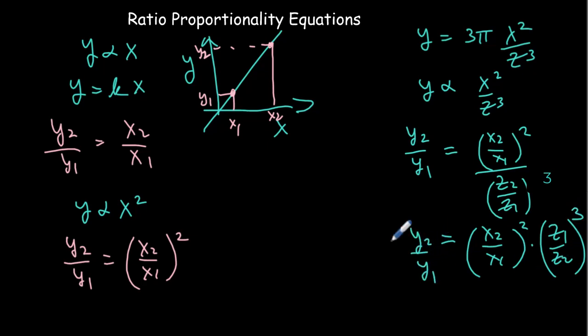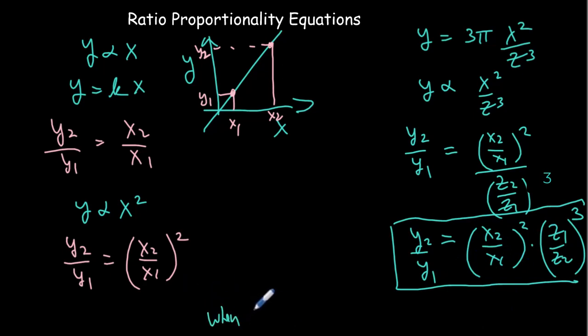So we'd have an equation here relating two different values of y to their corresponding values of x, and in this case, z. So when we denote these 1s and 2s, we're really saying when y equals y1, x is equal to x1, and z is equal to z1.